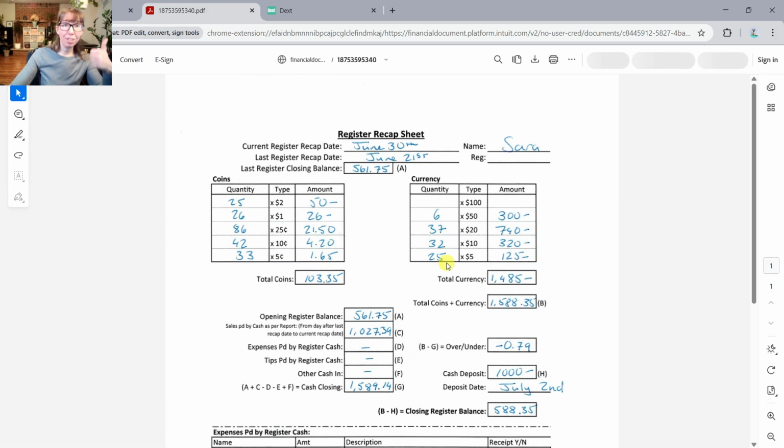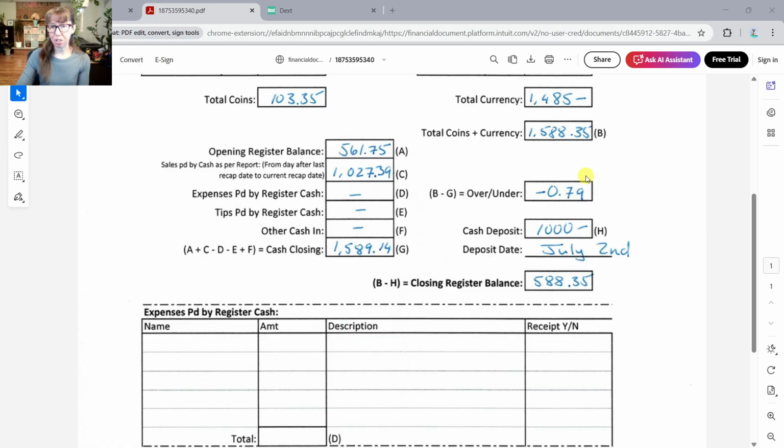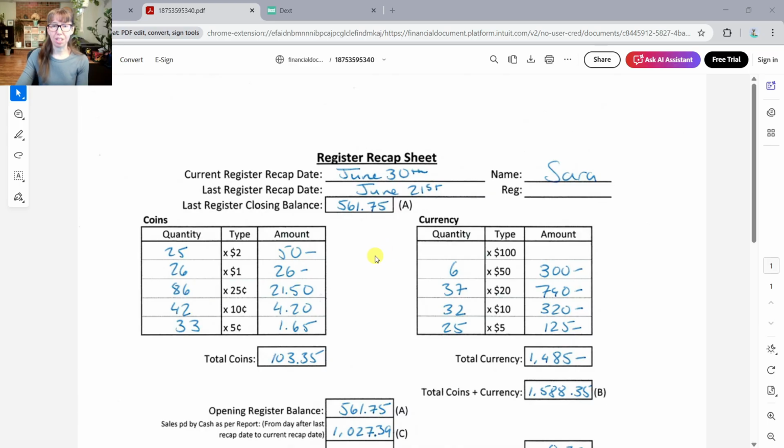So now that we have the over-under in and the cash deposit in, what else can we do with this register recap sheet? Well, I did ask that Sarah do a register recap on June 30th, no matter what the cadence.